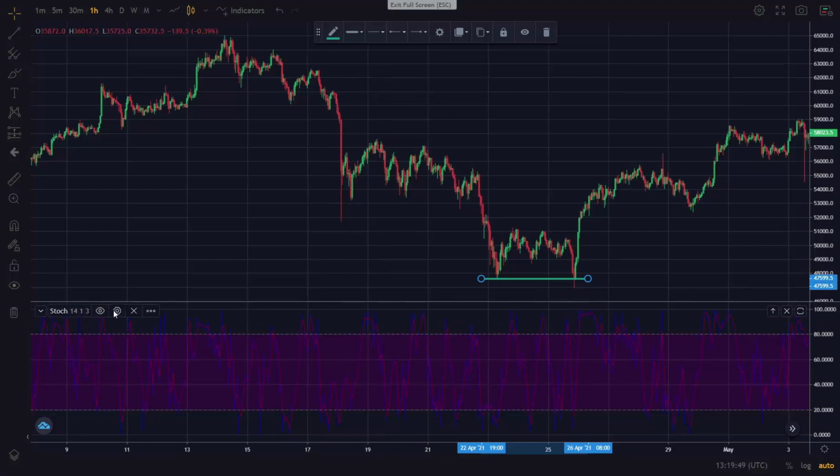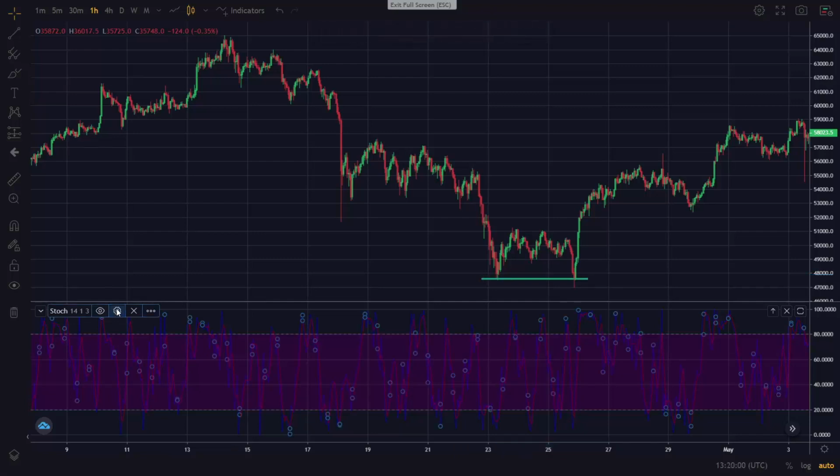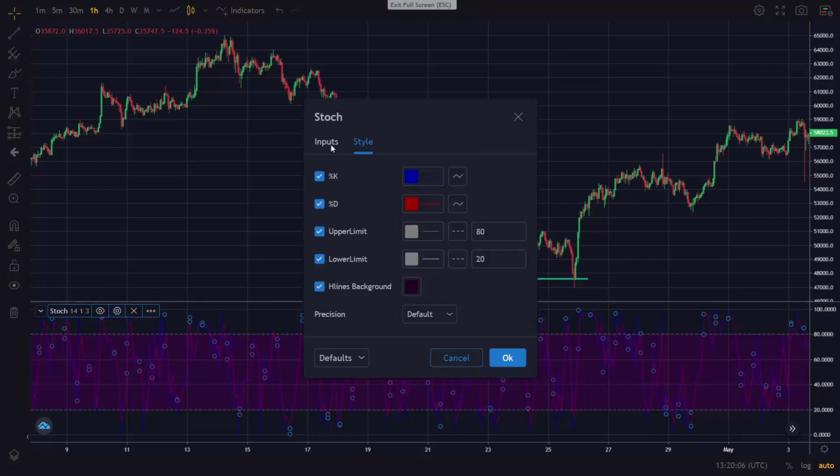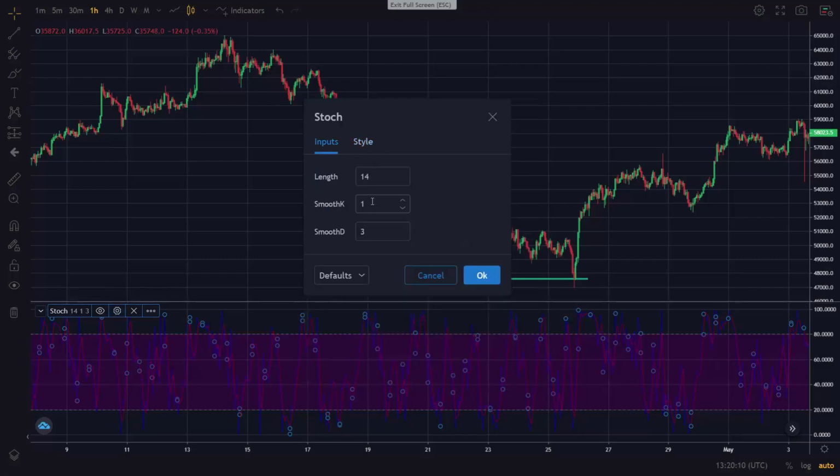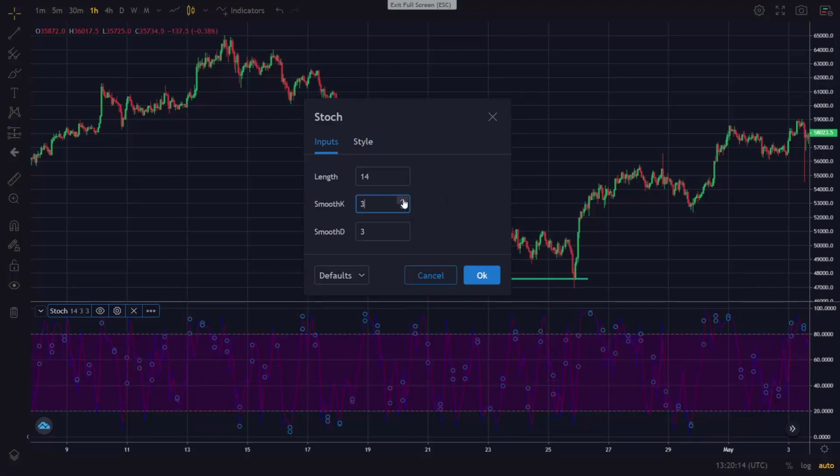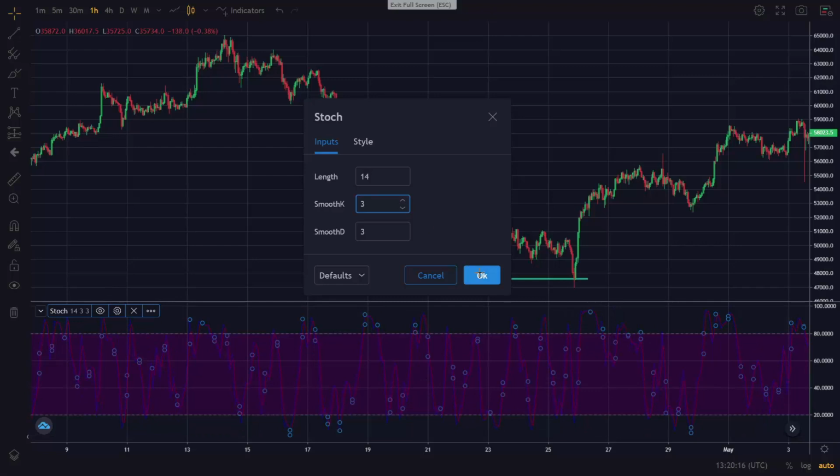As you can see, the area above this purple area is the overbought zone, and below is the oversold. What you'd want to do is change the settings and make the smooth K and the smooth D the same, so 3, to make it look a bit better.